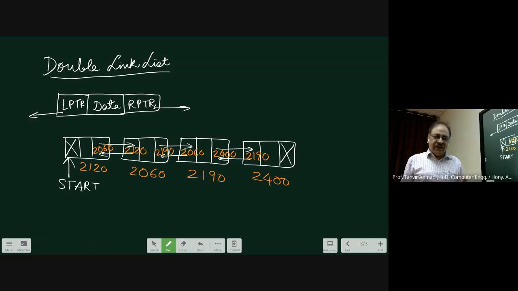Similarly, for the second node, you bring one node from avail. Either you can insert at start or end. All the algorithms we have done in the single linked list, we have to repeat here. Therefore, what are the algorithms we will need to do? First of all, create a double linked list.